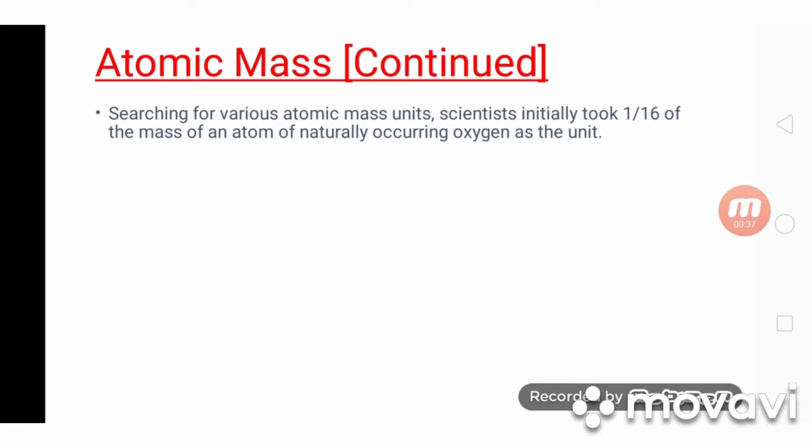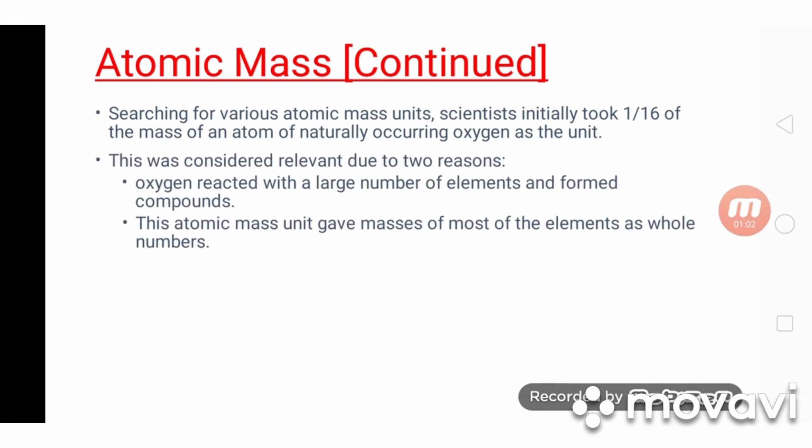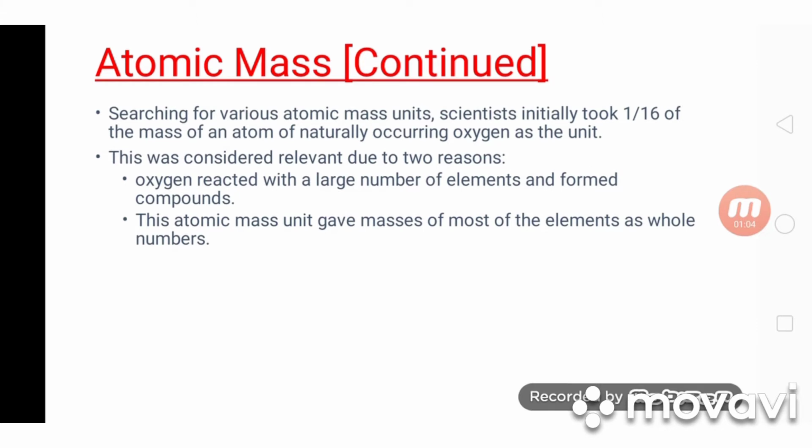While searching for various atomic mass units, scientists initially took 1/16th of the mass of an atom of naturally occurring oxygen as the unit. This was considered relevant due to two reasons.